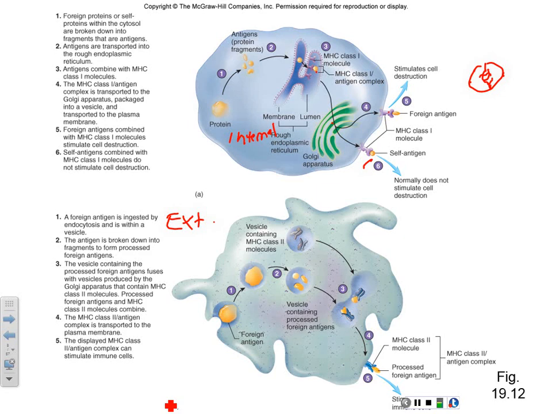And then when it's broken down, because the body knows it's a foreign thing, it's not going to take it all over the place. It will immediately sort of suction it, like quarantine it in a vesicle. You know what I'm saying? Because the body is not going to take it to all the organelles of the cell, and then you have a problem there. So it is not going to take it to the rough endoplasmic reticulum. It takes it straight to the Golgi body.